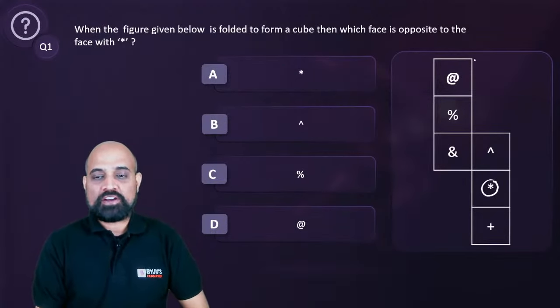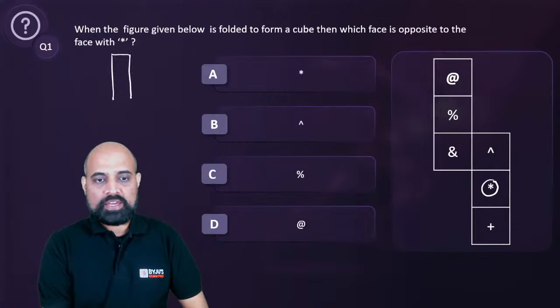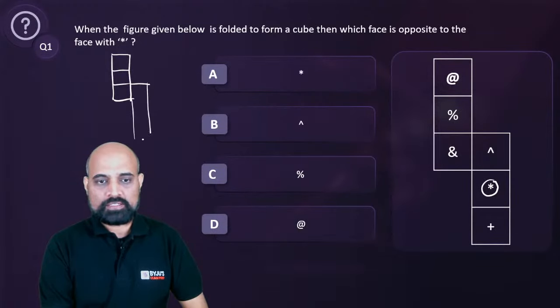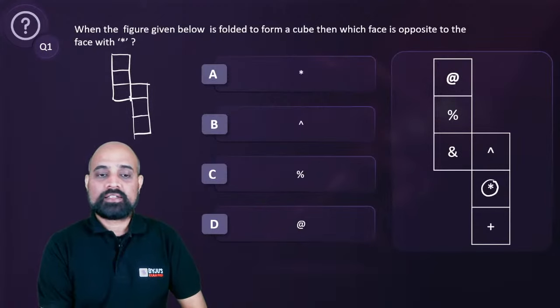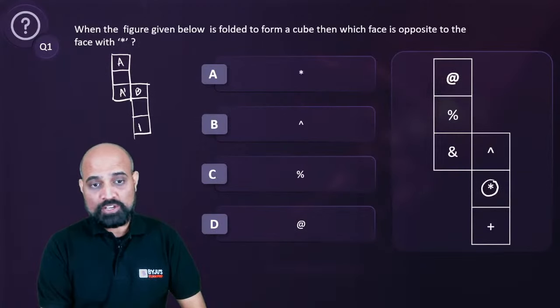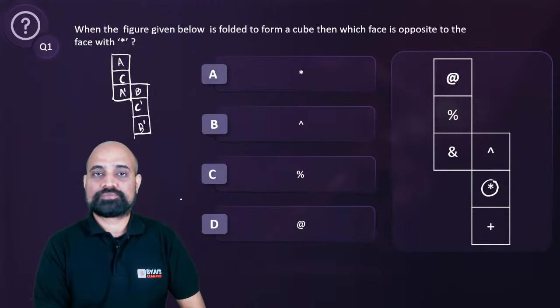So when you have a figure like this, ठीक है, जहाँ पे you have 3 squares here and then next 3 squares are adjacent to them, stuck like this, then the places where I'm writing A and A complement, B and B complement, and C and C complement, they are going to be opposite to each other.